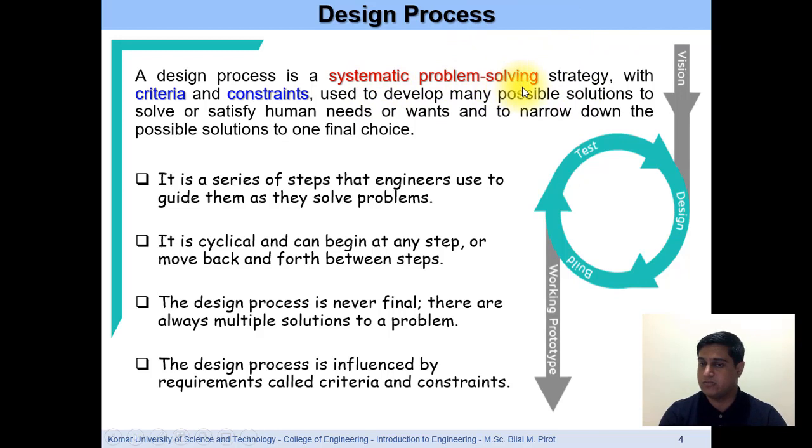A systematic problem solving strategy with criteria and constraints. Okay, we will talk about criteria and constraints, but briefly, criteria are the properties of something. Constraints are the problems or the limitations that you may have while you want to produce something. Okay, so design process is a systematic problem solving strategy with criteria and constraints, because in most of the cases the way is not clear.